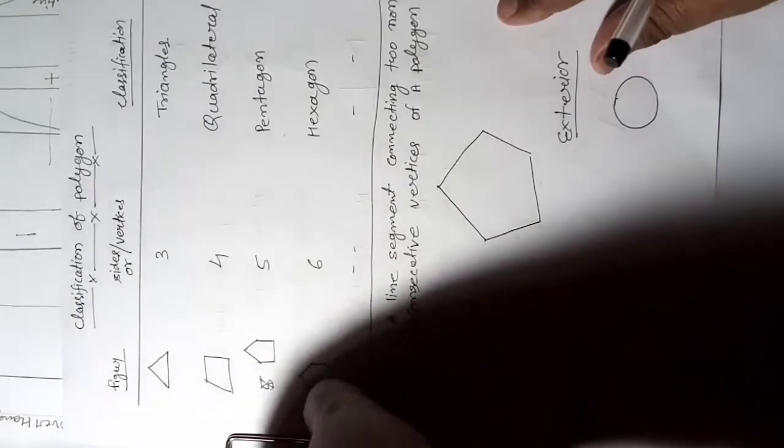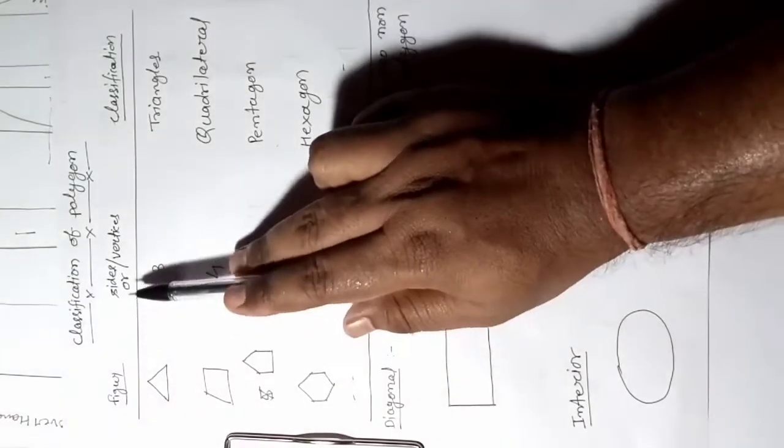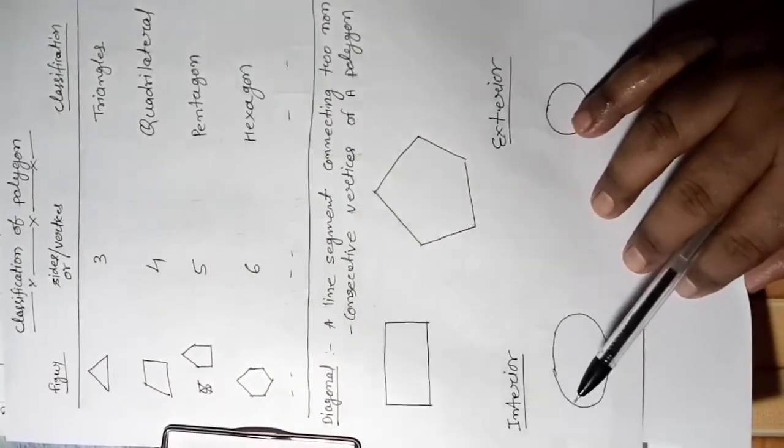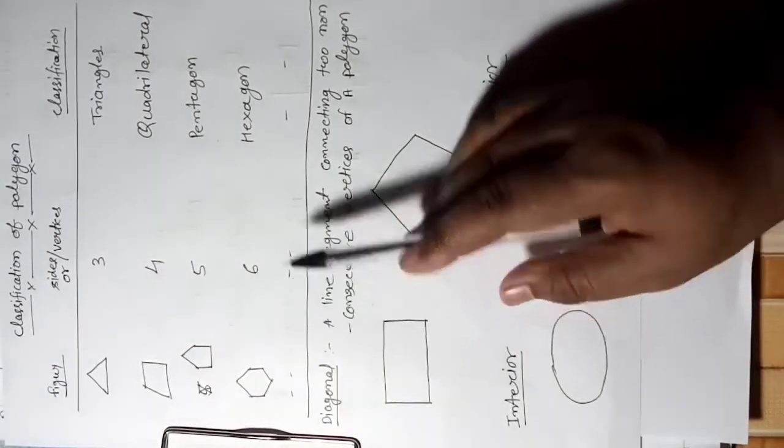okay, we can see here what I'm adjusting, you will see what I'm trying to explain, right? So now I'm classifying how polygons are classified on the basis of their sides, right?